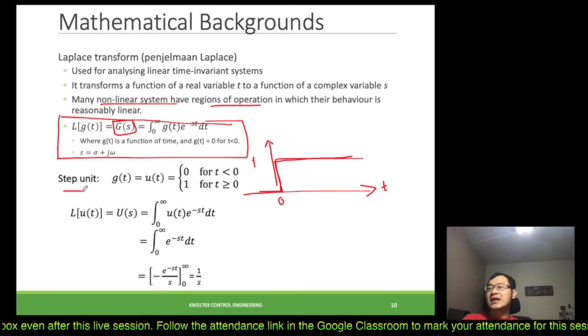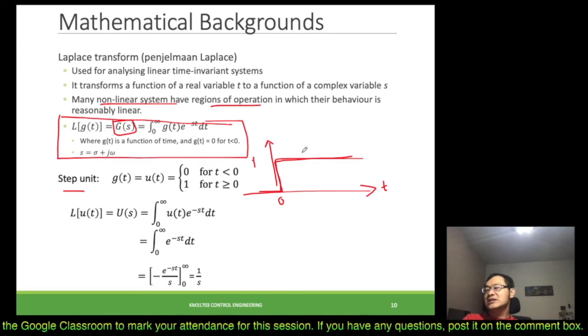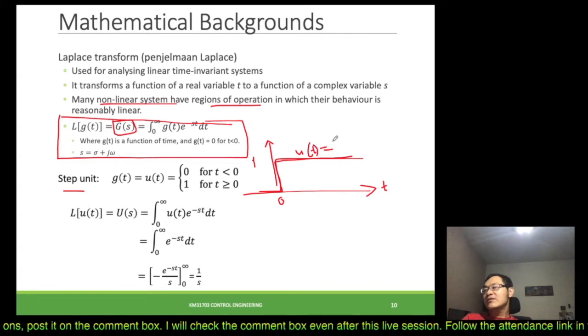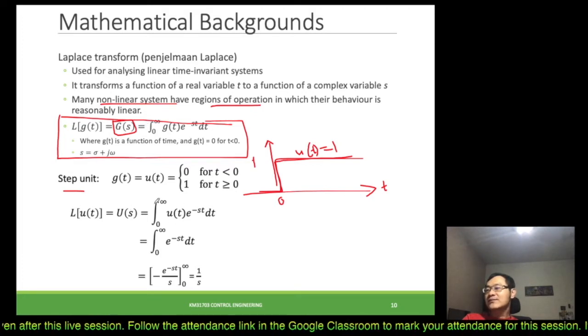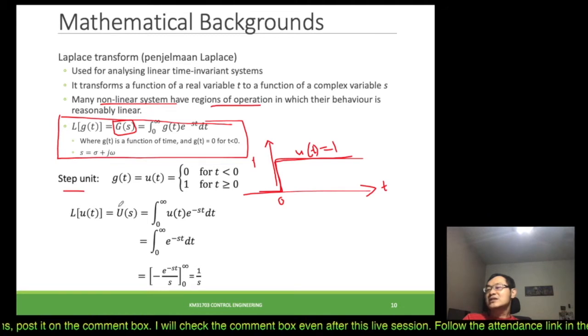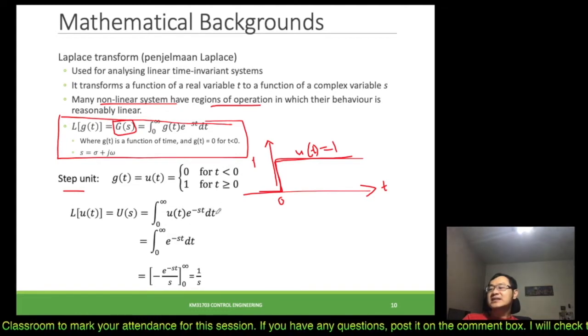If we take the Laplace transform of this so-called unit step, u(t), where for time more than 0 it equals 1, we take this transformation. So the Laplace transform of u(t) is transformed to a new function U(s), given by the integral of u multiplied by the exponential of minus st dt.